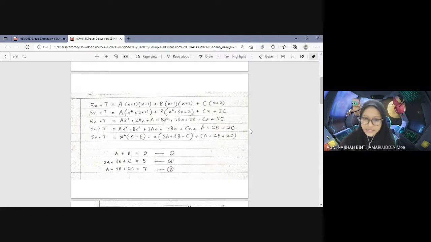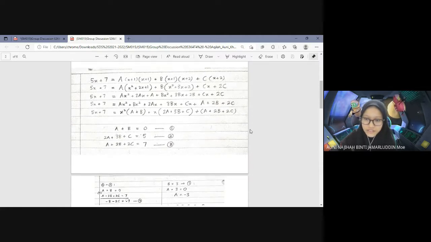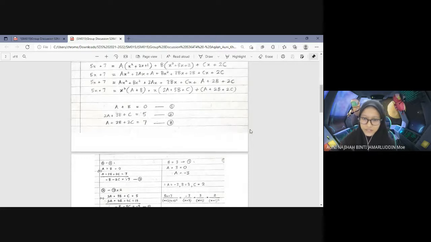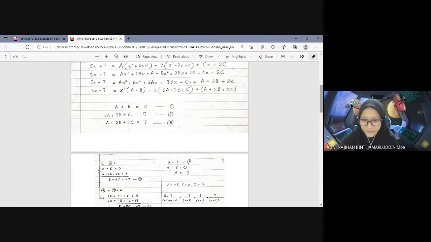And then the next step is we have to factorize the equation. So we get 5x plus 7 equals x squared times a plus b, plus x times 2a plus 3b plus c, and so on, as you guys can see.